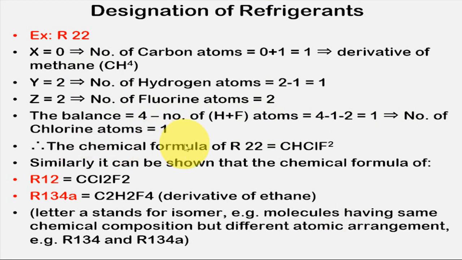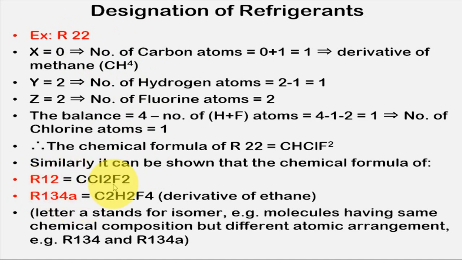Therefore we write the chemical formula for R22: C, only one carbon atom, then only one hydrogen atom H, then chlorine atoms equal to 1 and fluorine atoms are 2. So the chemical formula for R22 is CHClF2. Similarly, apply the same process for refrigerants R12 and R134A.